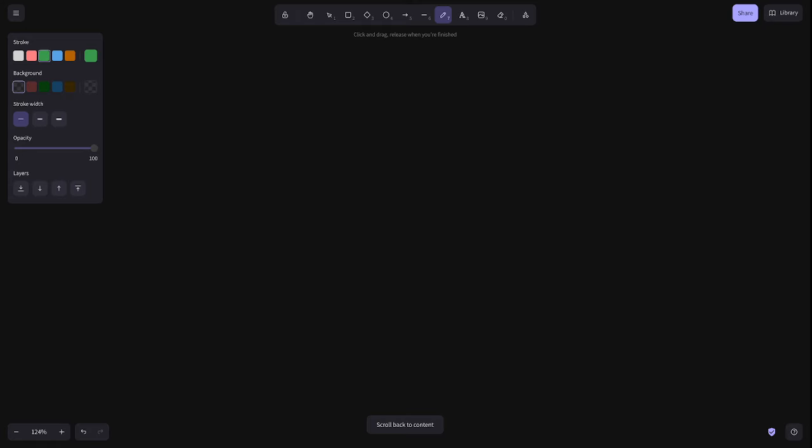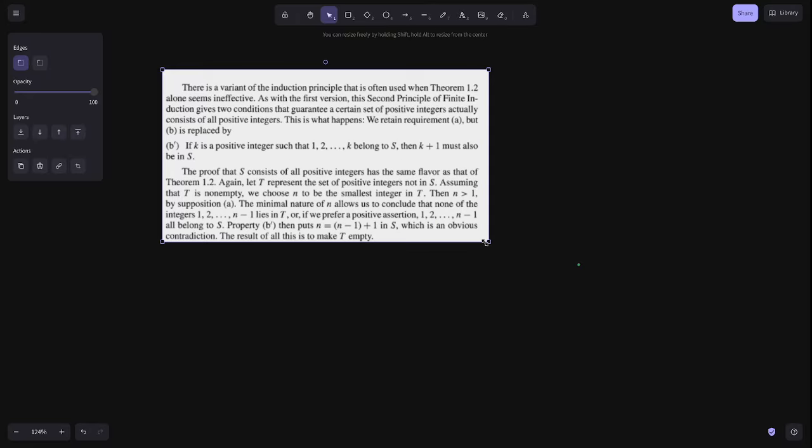So now let me find if the second principle of induction is given somewhere or not. So this is the second principle of induction. We don't use this as much as the first one.